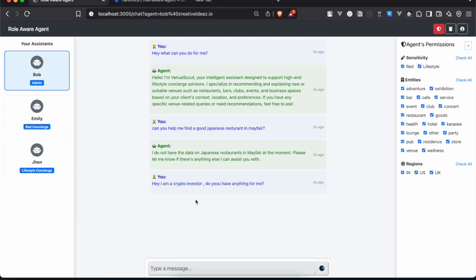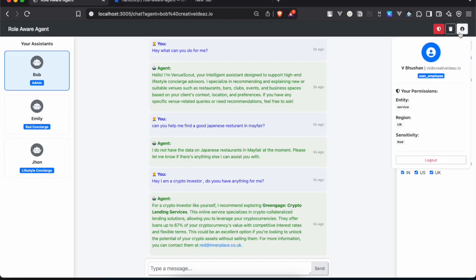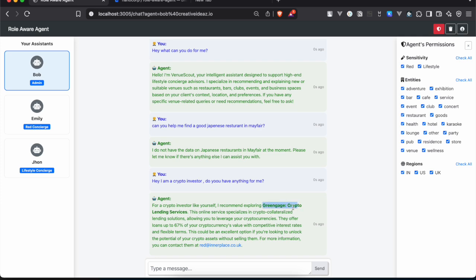So now I have given a keyword that I am a crypto investor and I am requesting. You can see it says that for a crypto investor like you, I recommend going for the crypto lending service. Why does this happen? Bob knows everything, but since I only have access to service, and this is the only service present in the dataset, it says that yes, you can access the crypto lending service.